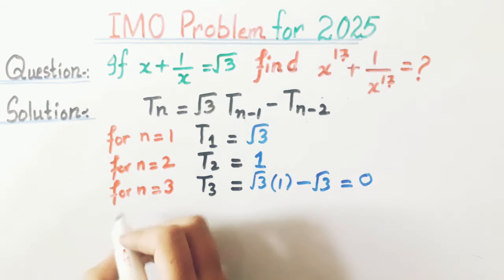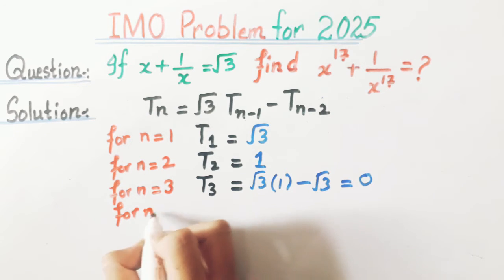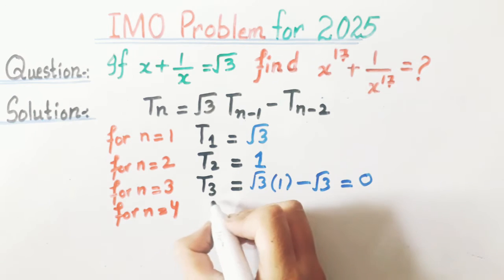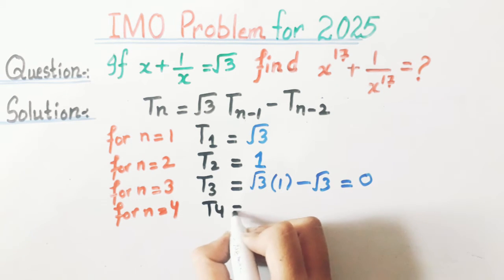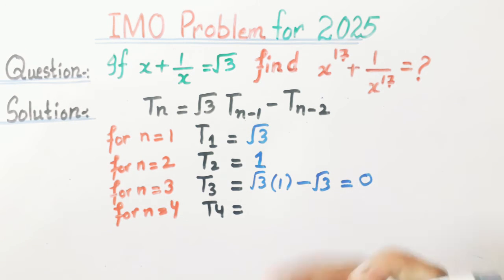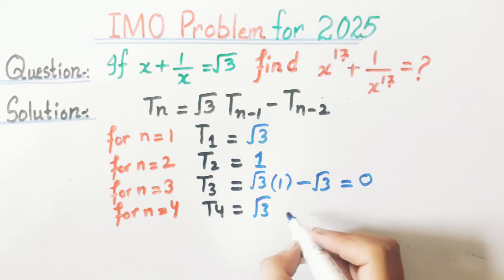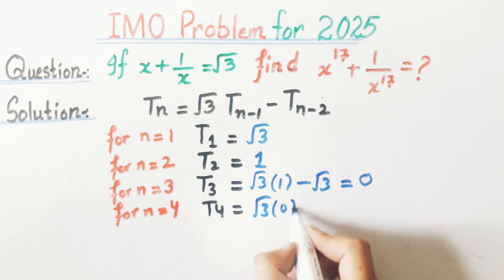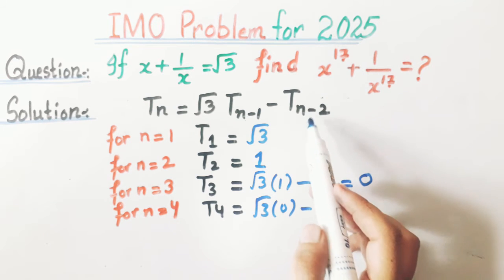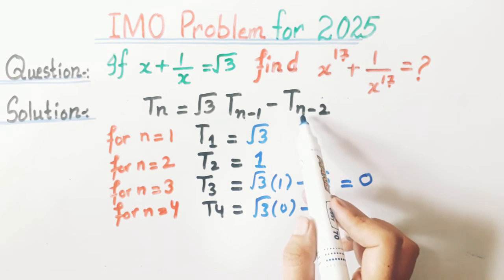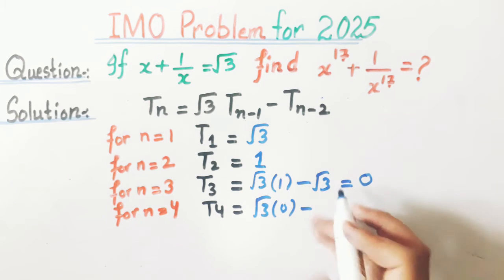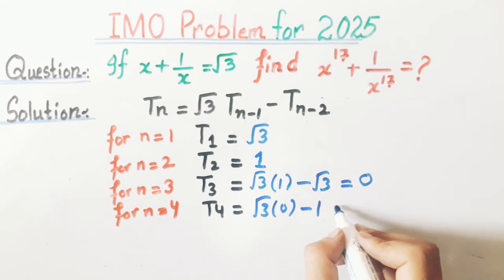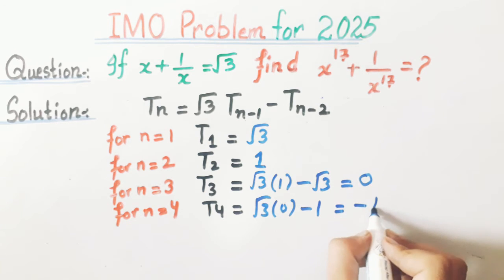Then for n is equal to 4, T4 is equal to, again substitute value, square root 3, then T3 value, 4 minus 1 is 0, minus T2 value, that is 1. So this will be equal to minus 1.